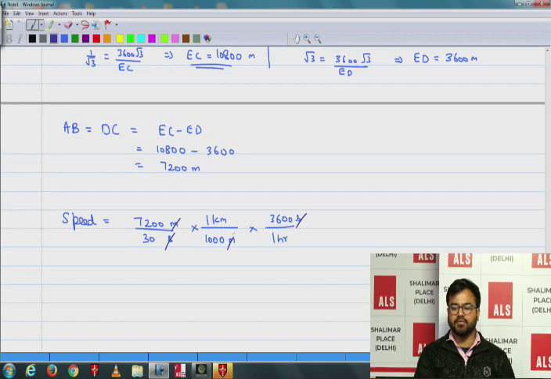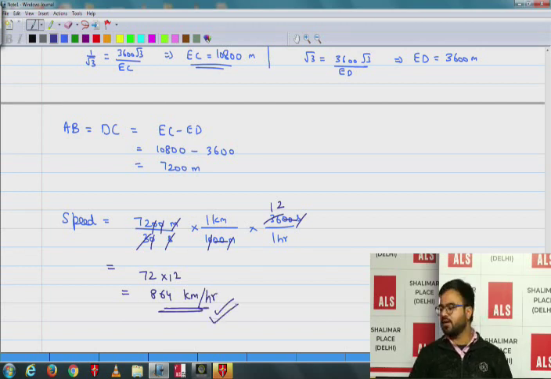So we can cancel out 2 zeros. So 3 12 times. So 72 into 12, that would be the final answer. That would be equal to 720 plus 144, which is 864 kilometer per hour. So that is the speed of the plane.